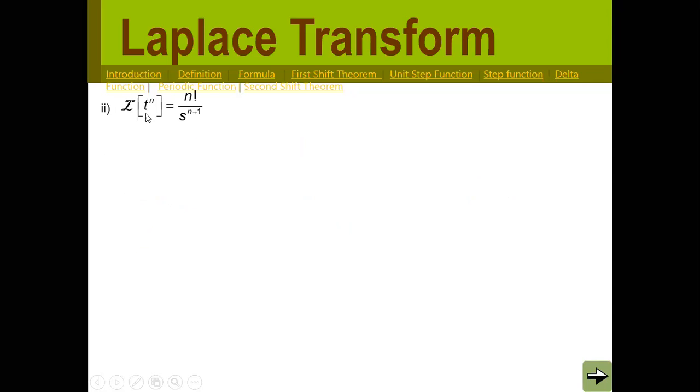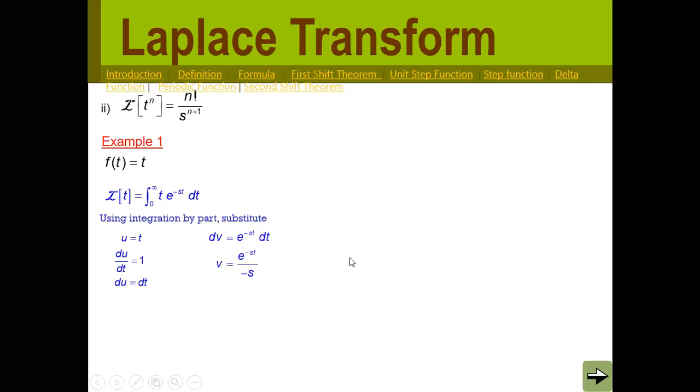Okay, so Laplace of t^n, Laplace of t power of n. By formula, n factorial over S power of n plus 1. This is the traditional method: we just integrate from 0 until infinity t^n times exponent minus st. This is f(t).